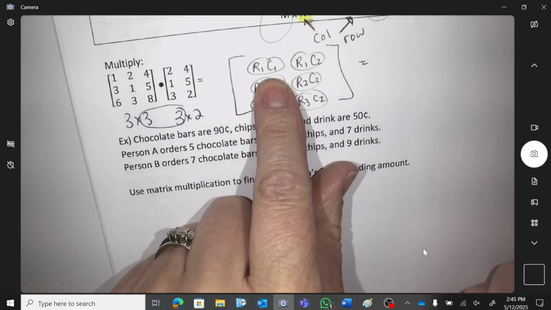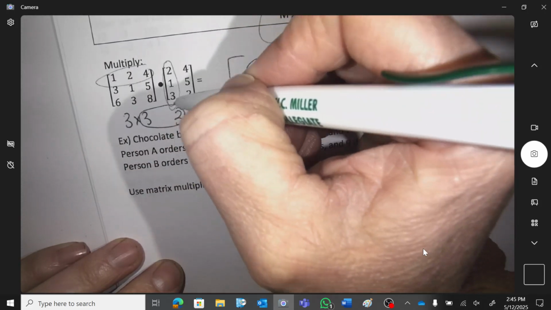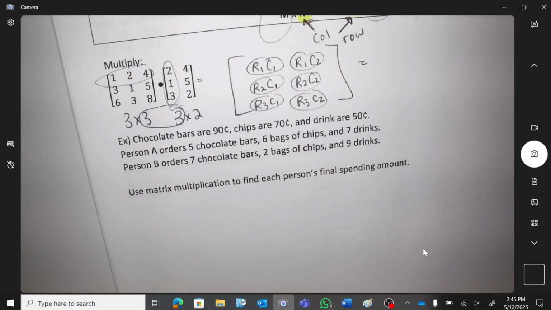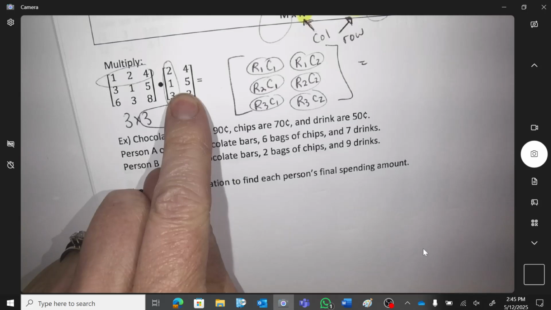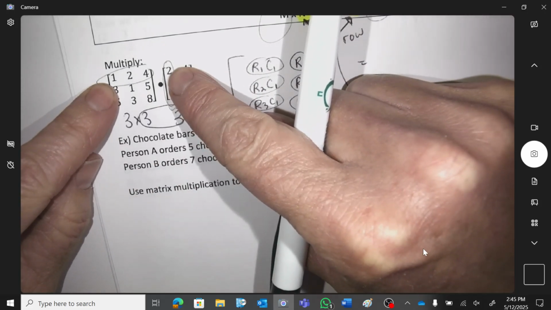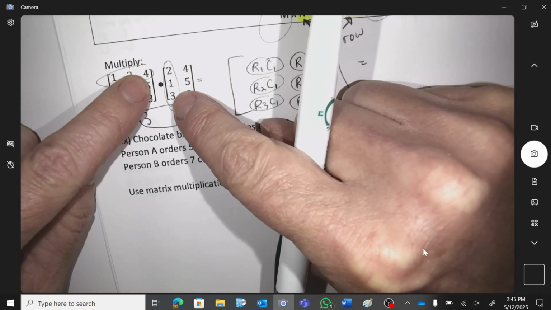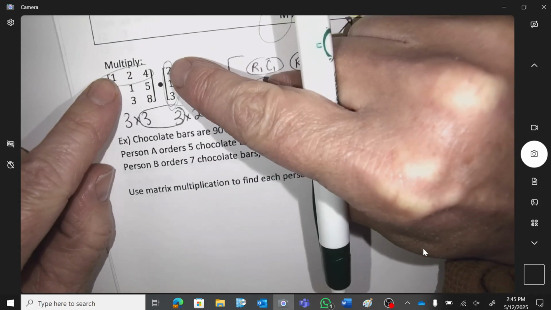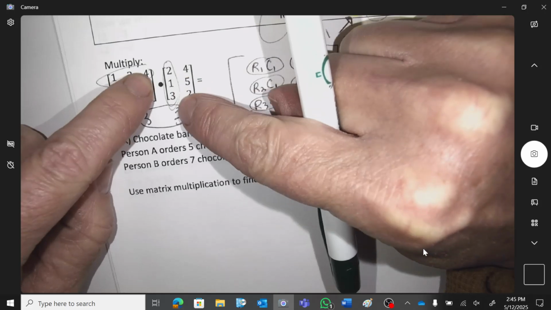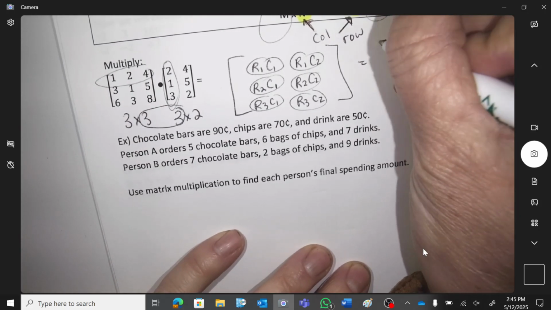Okay, so what does row 1, column 1 look like? Row 1, column 1. That's what you're matching. The first row of this one with the column 1 of this one. What are our numbers? 2, 2, 12. Do you see what I'm doing? So 2 plus 2 plus 12.